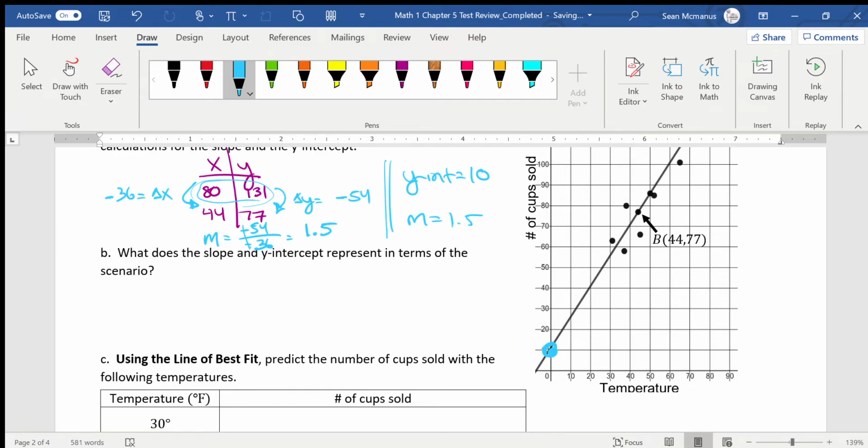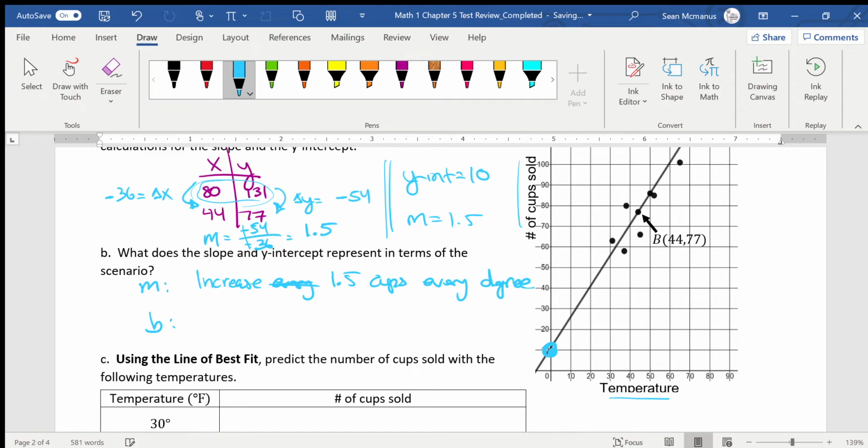What does that mean in this problem? So the slope is 1.5, so it's increasing 1.5 cups for every degree. Increase 1.5 cups every degree of temperature, and that's the slope.